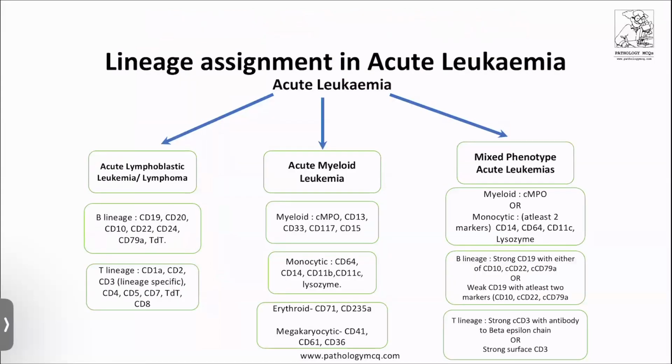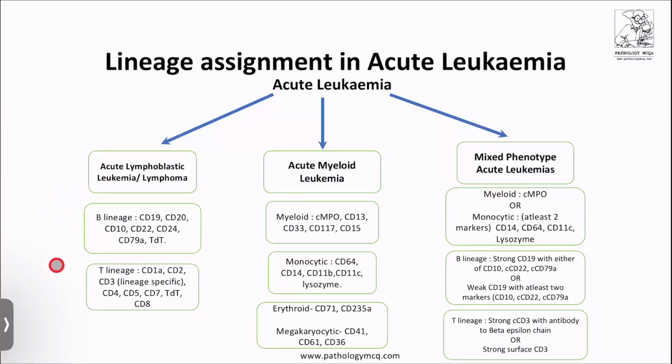So when we have to call a case acute leukemia, we have to divide it into the three different types that we already discussed: acute lymphoblastic leukemia, acute myeloid leukemia, and mixed phenotypic leukemia. When we are calling a case acute lymphoblastic leukemia, we have to classify it as B lineage or T lineage.